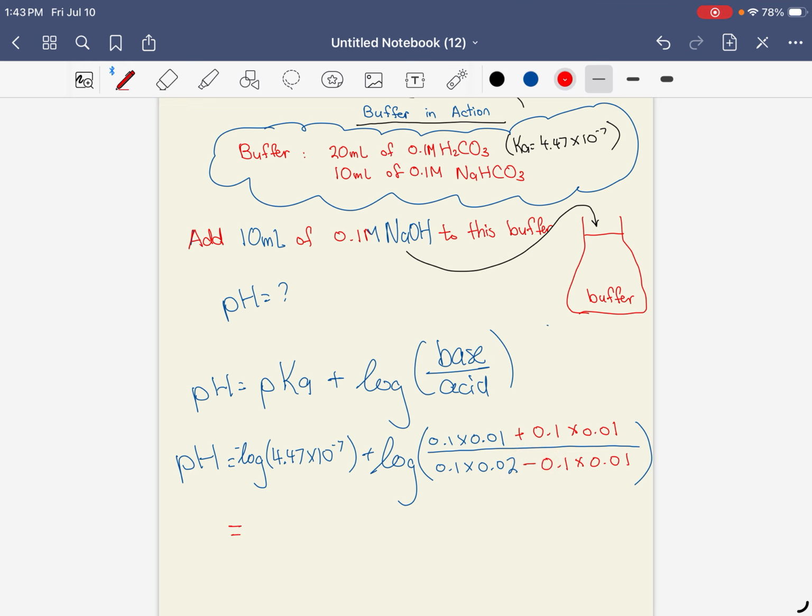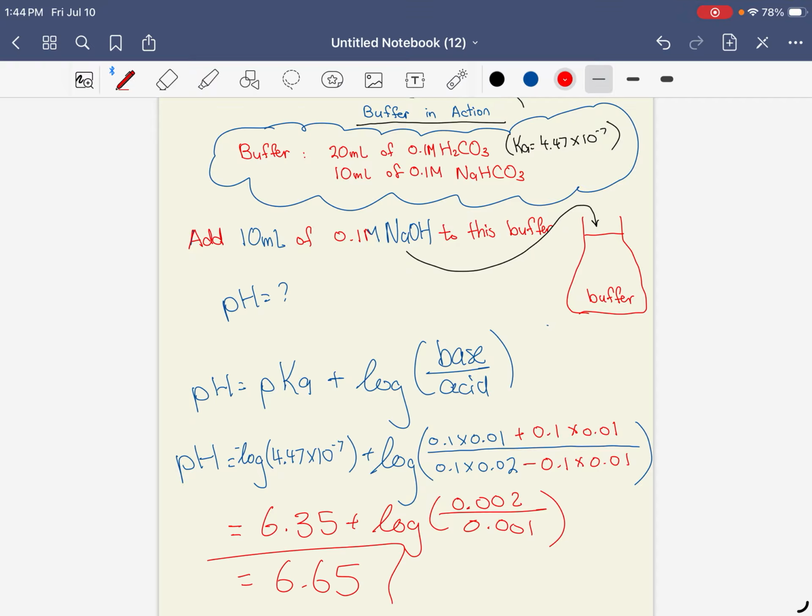By doing that, you're going to get 6.35 plus log of 0.002 over 0.001. It is less acidic, not basic. The buffer will just change to something less acidic because you added some strong base in there.